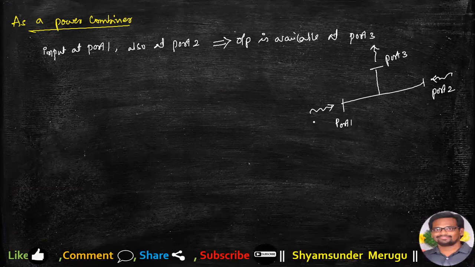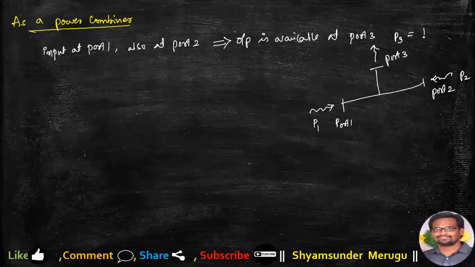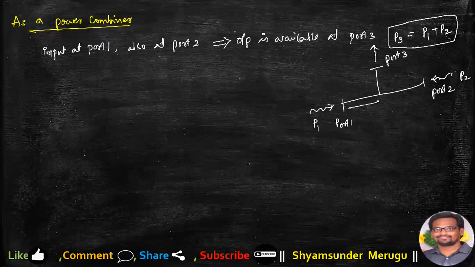Whatever the power that we are giving here, like P1, and here it is P2, then here it is P3. Now P3 will be the summation of P1 as well as P2. We get the addition of the powers from port 1 and port 2 when the collinear arms are equal and of the same size, and the input powers that we are applying are out of phase.